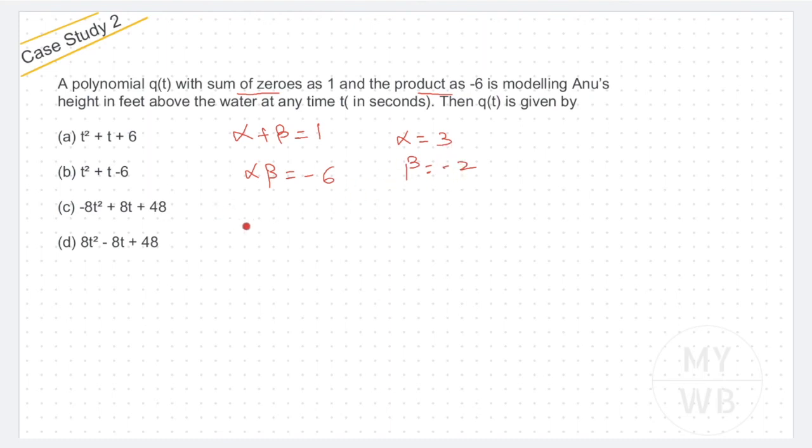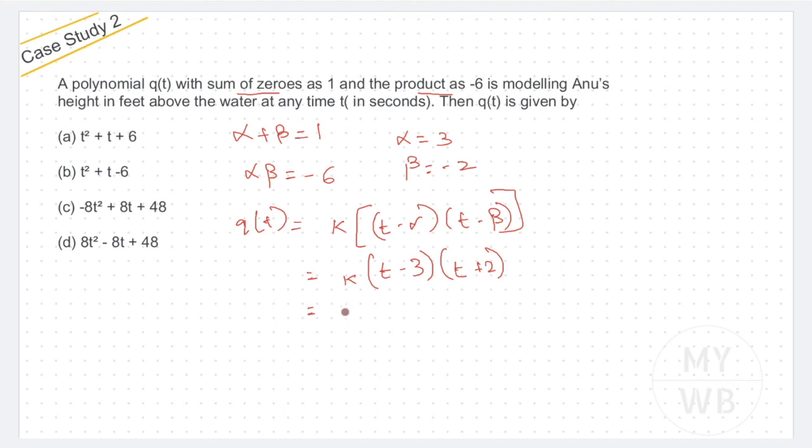So with this, we can frame the polynomial as constant k into t minus alpha into t minus beta. That is k into t minus 3 into t plus 2, which will give us k into t square minus t minus 6, q of t.